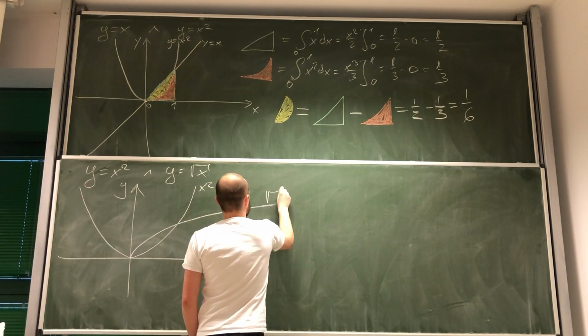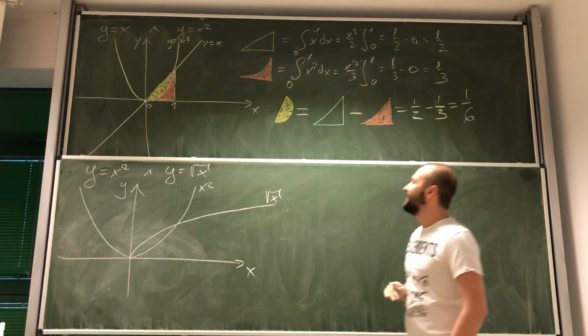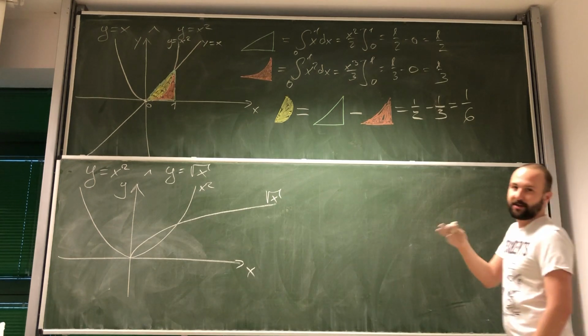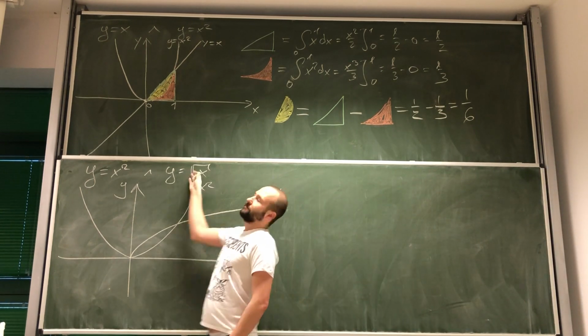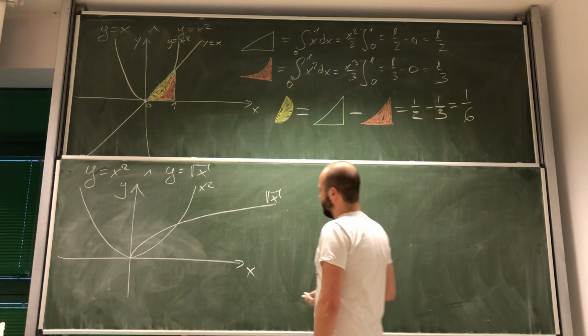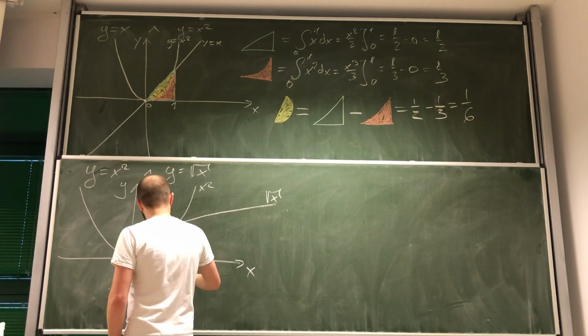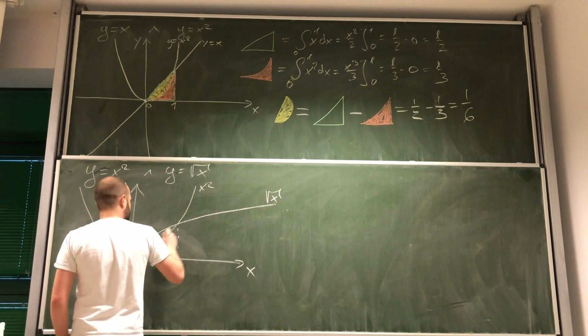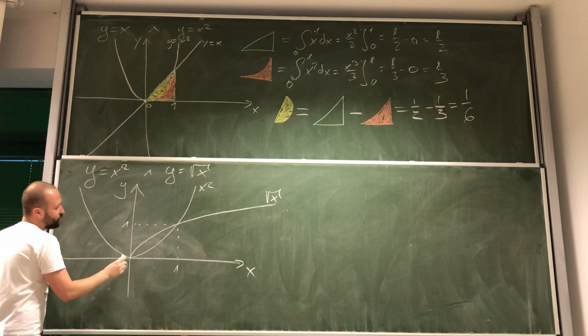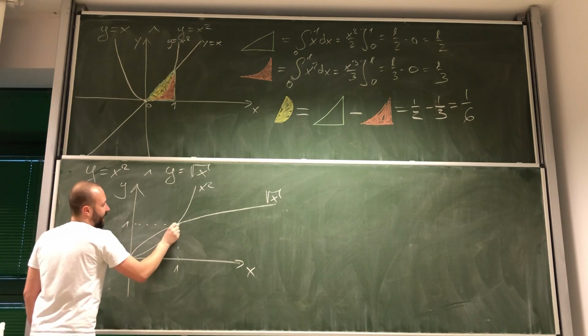This function, of course, is given only for positive values. We cannot take square roots from negative numbers for now. Again, those two functions have two common points at 0 and 1.